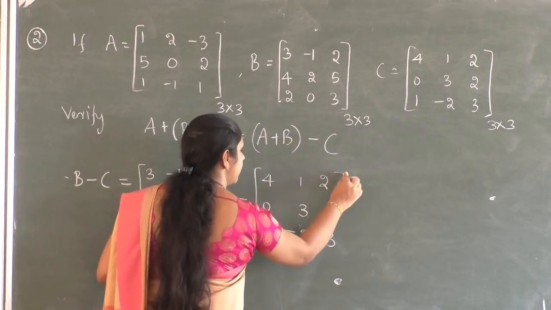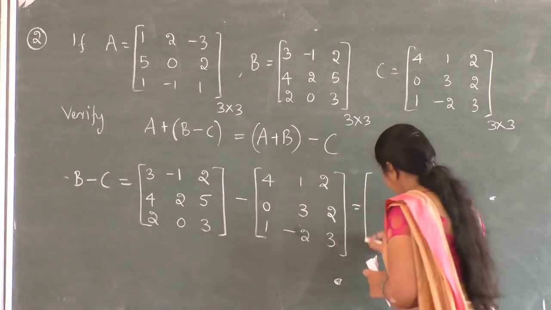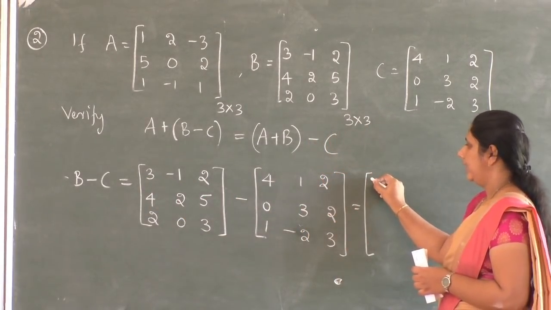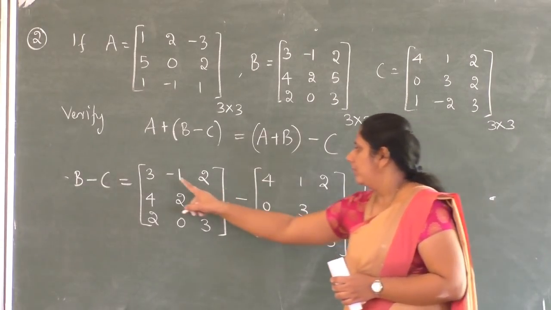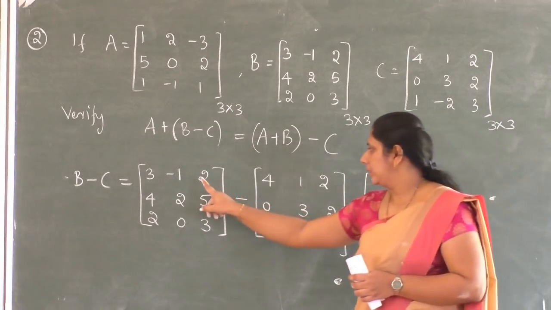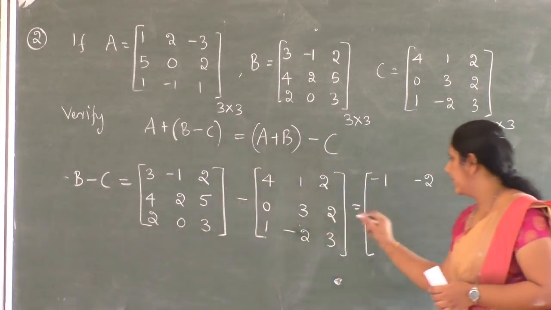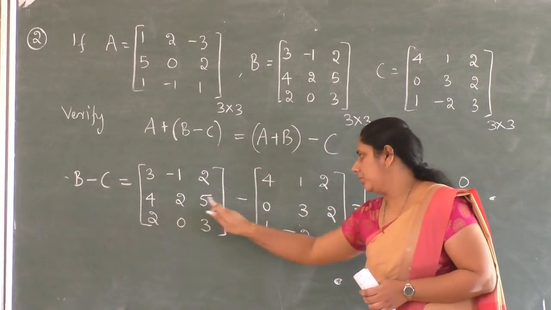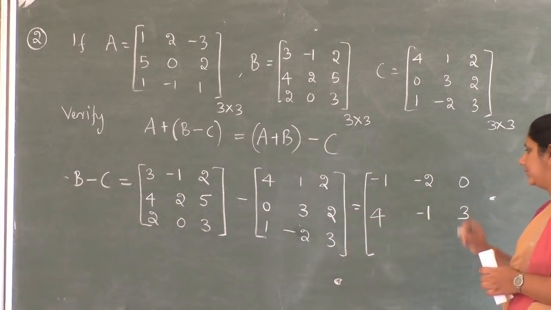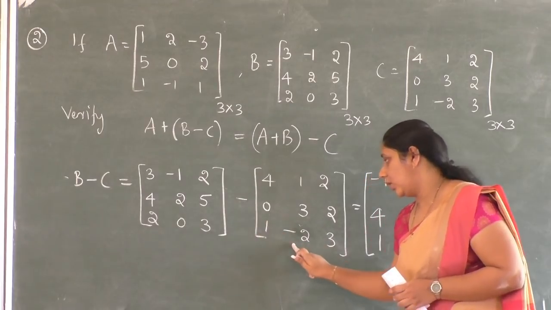So directly you can write it. Now 3 minus 4, that is minus 1, minus 1 minus 1, that is minus 2, 2 minus 2, 0, 4 minus 0, 4, 2 minus 3, minus 1, 5 minus 2, 3, 2 minus 1, 1, 0 minus of minus 2.